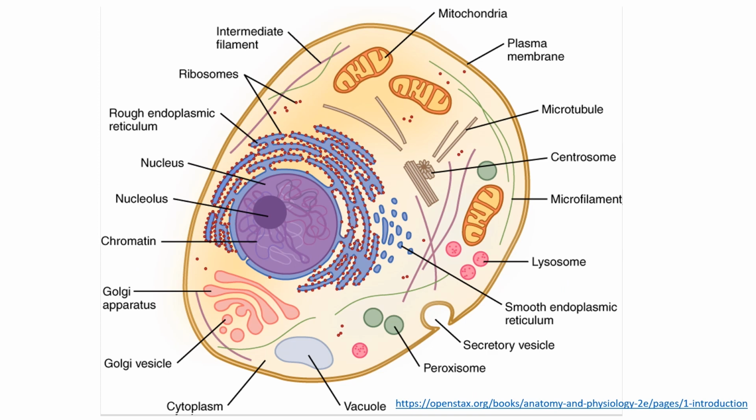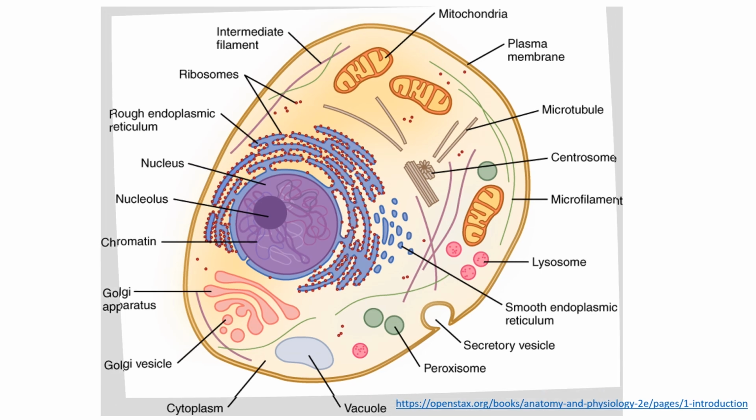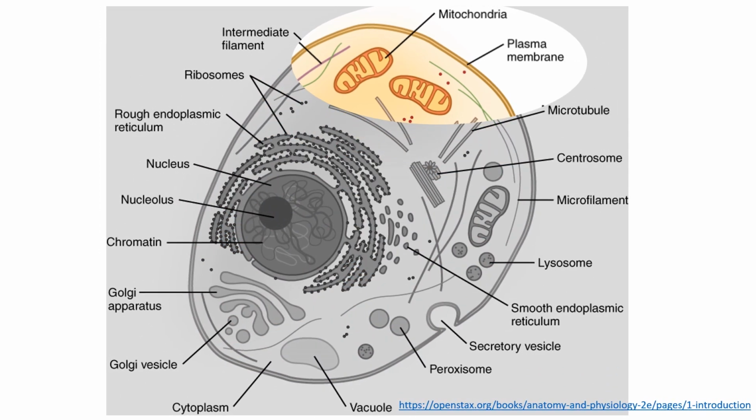Now let's look at what is happening inside the cells. Remember, we had so much carbon dioxide, and how did all this carbon dioxide come about? For that we need to take a good look at one of the cell organelles, the mitochondria.